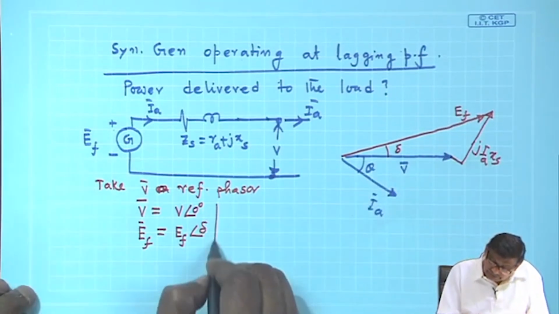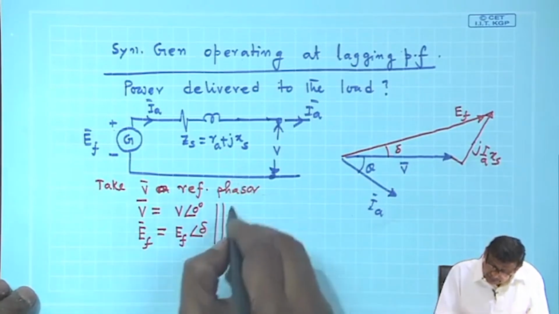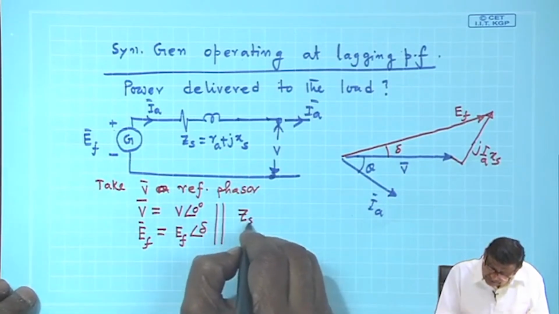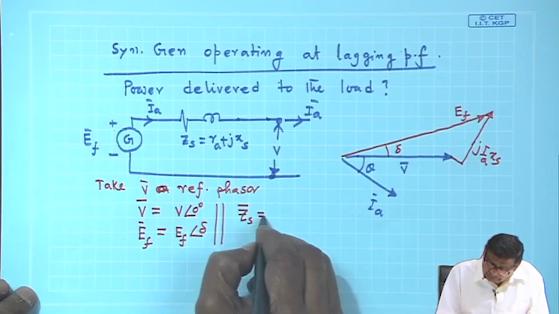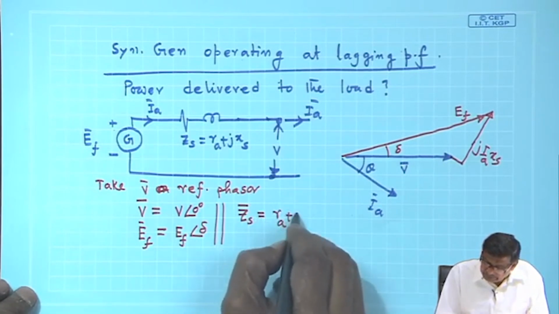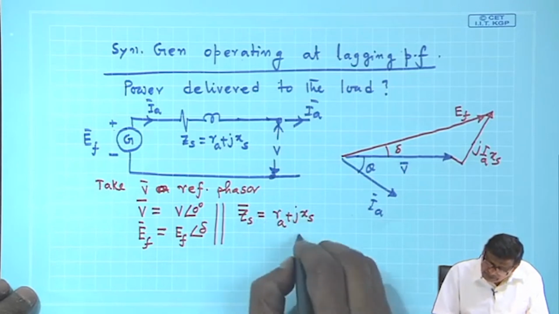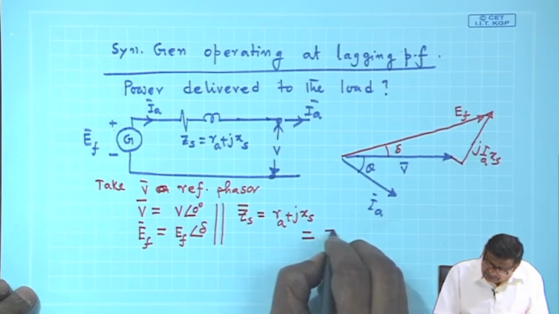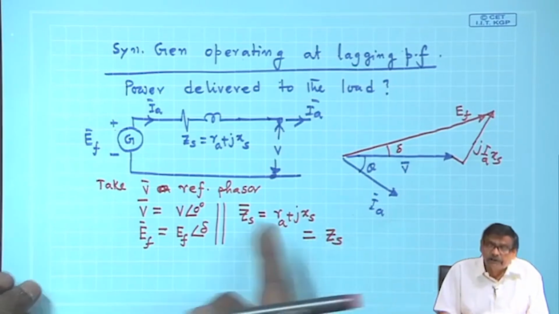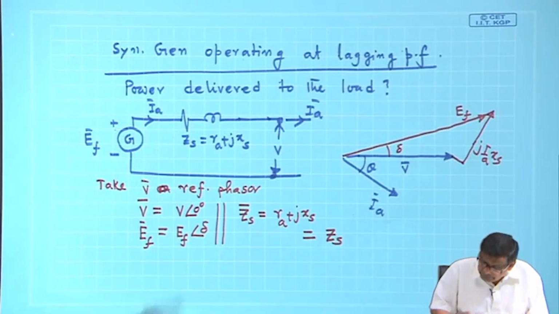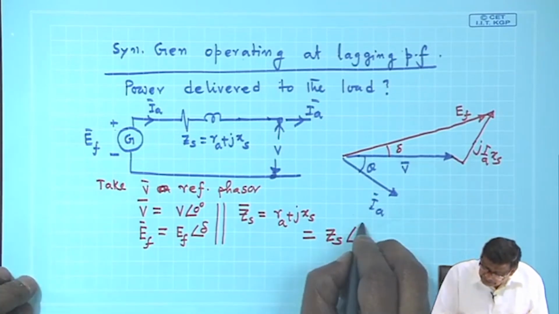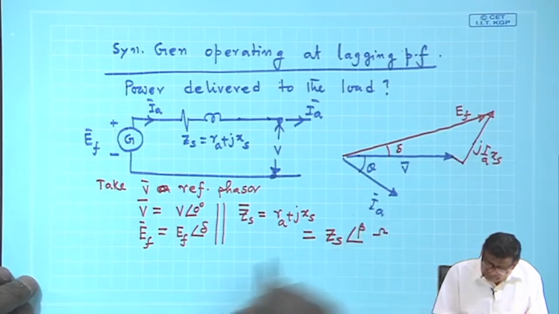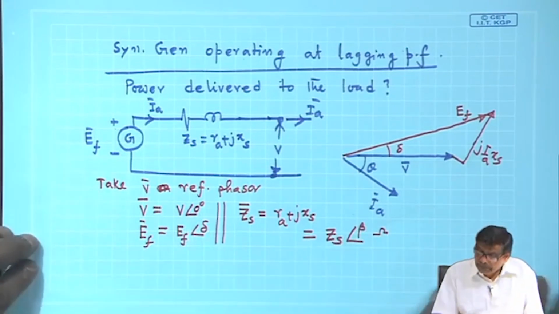So, these two things are there, and then also I assume this impedance Z s, which is a complex number, that is R A plus j X S. I will write it as its magnitude, which is equal to under root R square plus X square with angle beta. I have expressed this in volts.